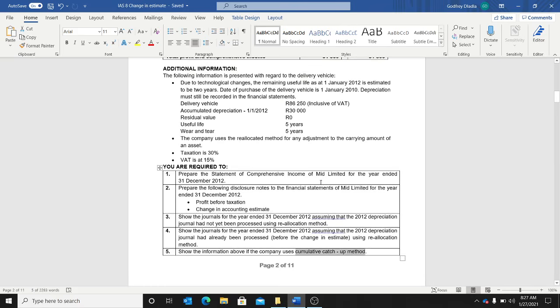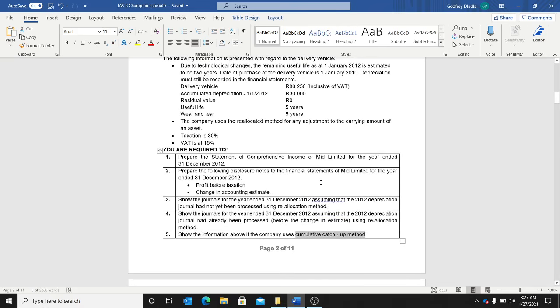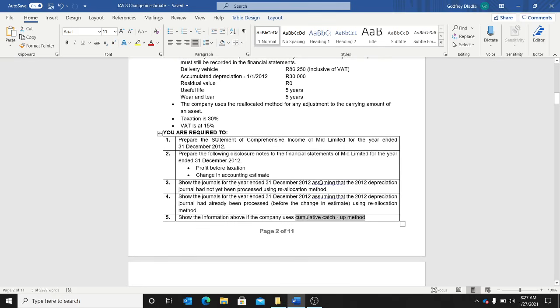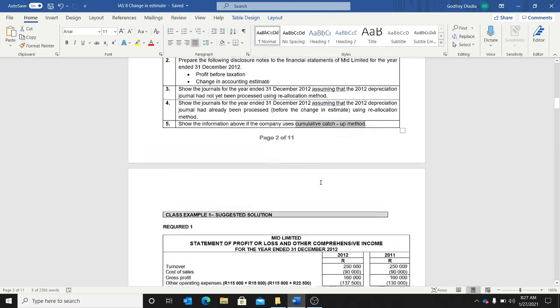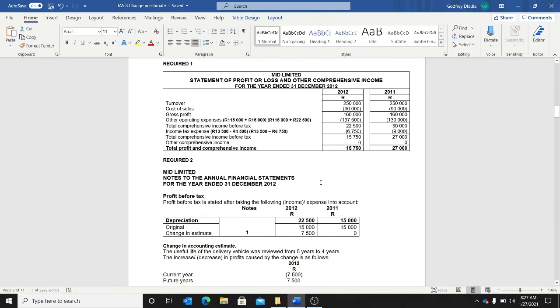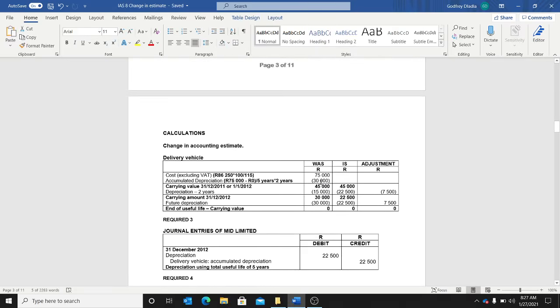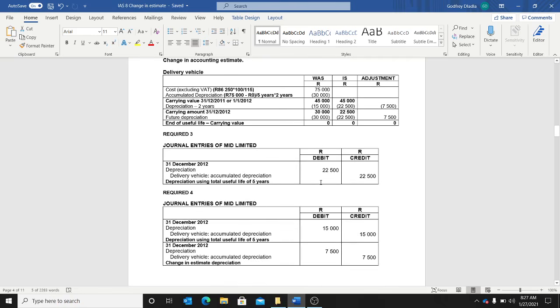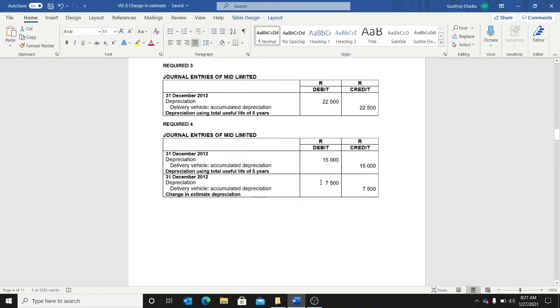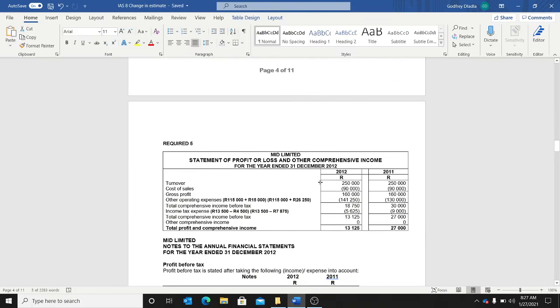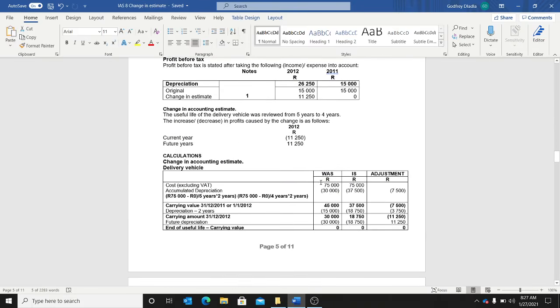And it has already been said before that cumulative catch-up distorts certain principles. But in accounting, there are people that believe that if something distorts, it is what they want. But in principle, the reallocation method is the one.